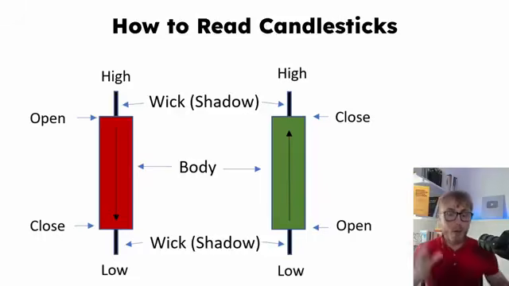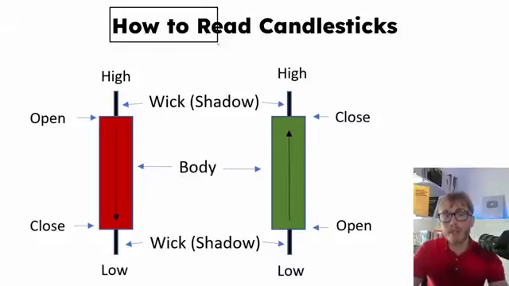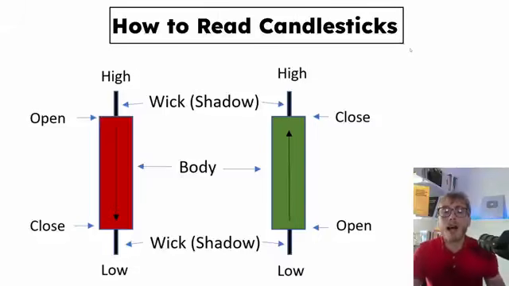Alright, so before we start looking at all the candlestick patterns and everything you need to know about the actual candlesticks, we of course have to start with the basics, and that is: how do we read candlesticks and how do we read candlestick charts? Well, first things first, we have 2 different types of candles.